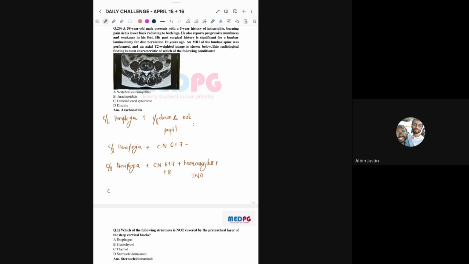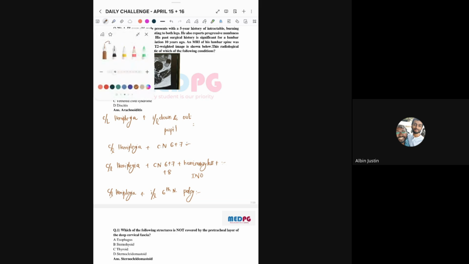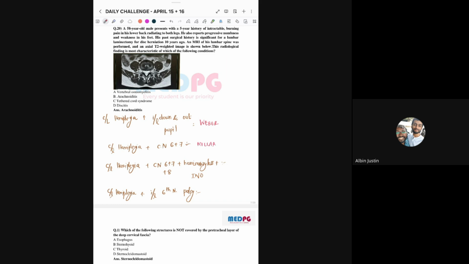Then contralateral hemiplegia plus ipsilateral sixth nerve palsy. What are these? This is Weber. This is Millard-Gubler. For Millard-Gubler, I counted the number of letters: Millard has 7 letters and Gubler has 6 letters, so cranial nerve 6 plus 7. Then 6 plus 7 plus 8.